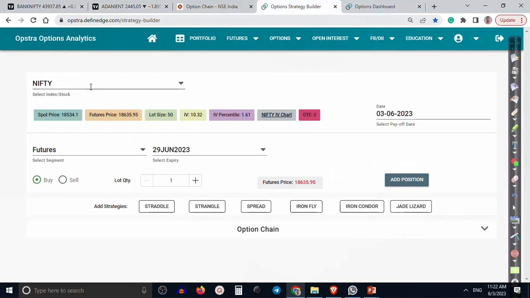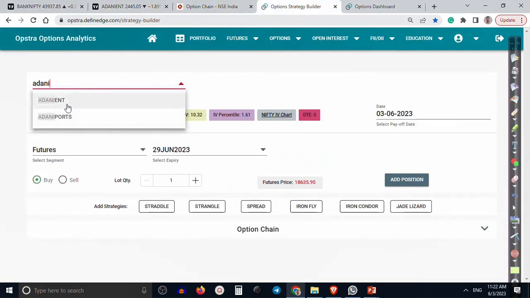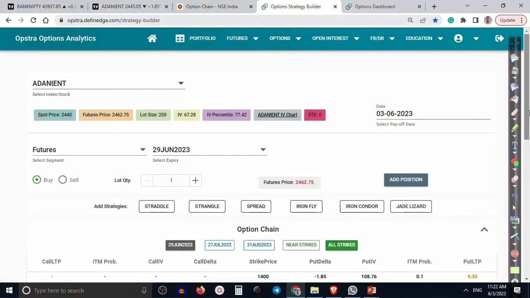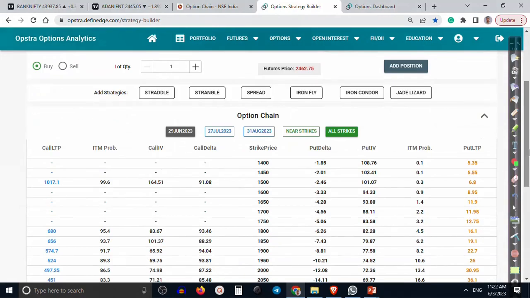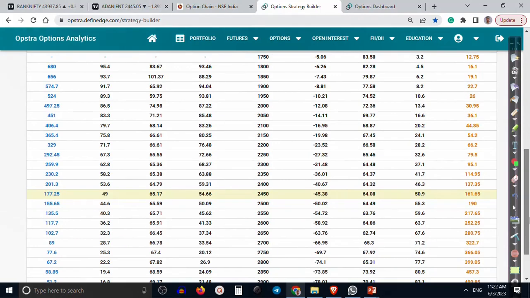Let's go to Opstra and click Adani ENT, and select the current expiry. Because we are bullish, we are going to sell a put. We need at least 15 to 16 delta. Here you can see this is 16, almost 17 delta.